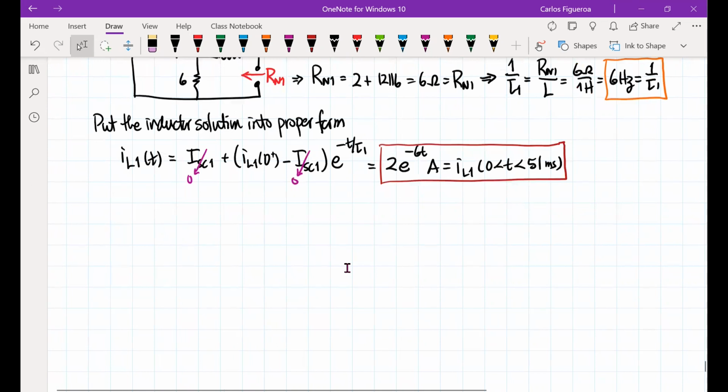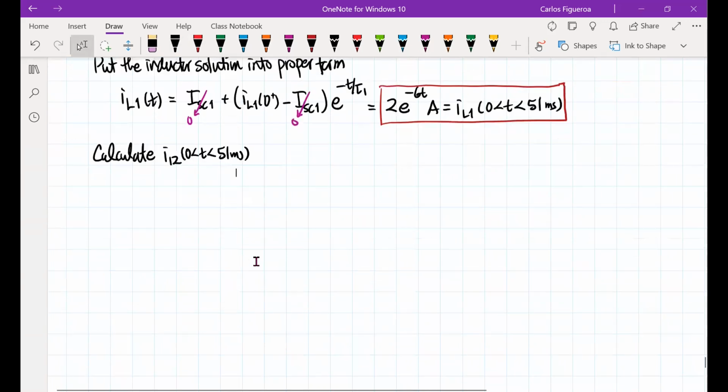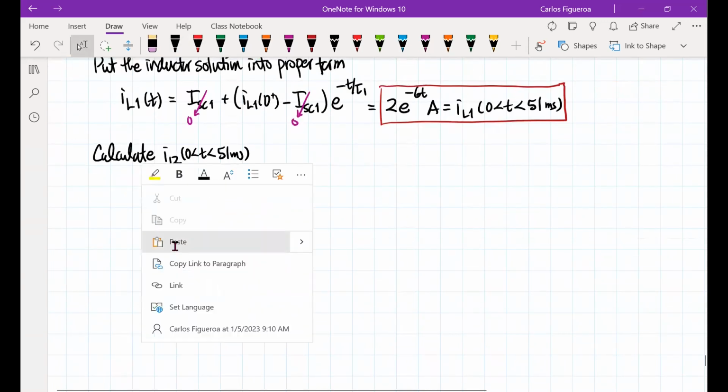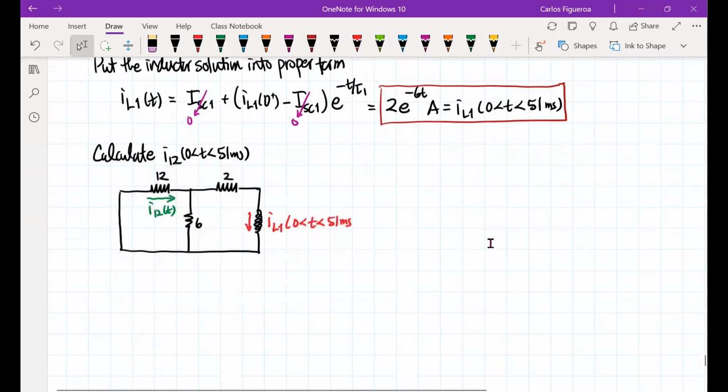Now I want to calculate I12 between 0 and 51 milliseconds. If I bring in my circuit here, this is what it looks like. And look what I'm going to do, I'm going to erase all of this just to make it a little bit more compact.